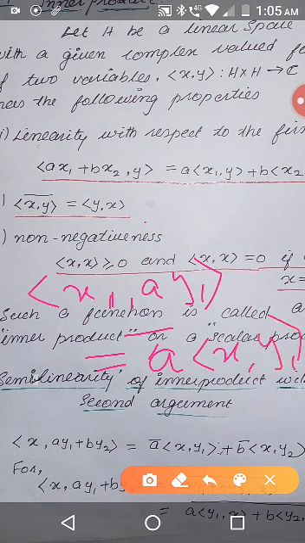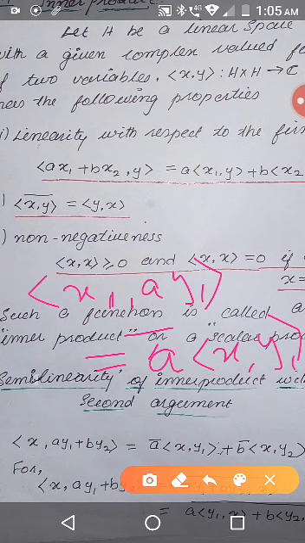And if it is of the form a x1 comma y1, it means a into inner product of x1 comma y1. If we take the scalar from the second argument, it comes outside in the form a conjugate; if it comes from the first argument, it is a, that is, the value itself. Otherwise, if it comes from the second argument, we take its conjugate.